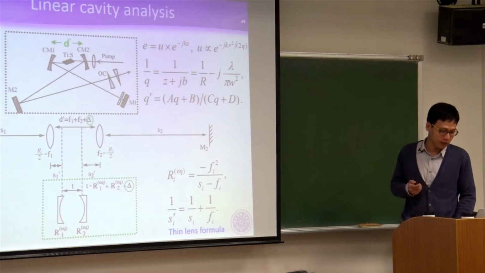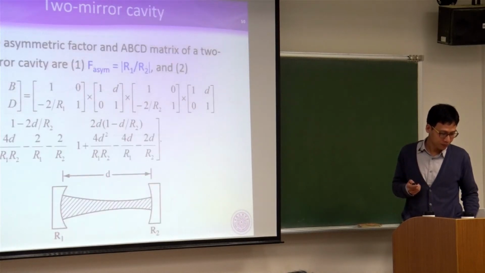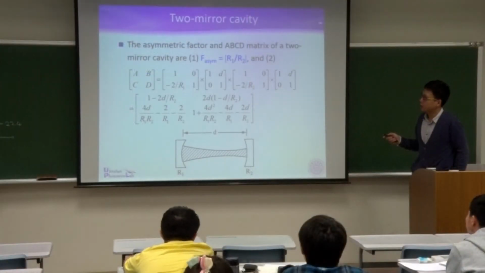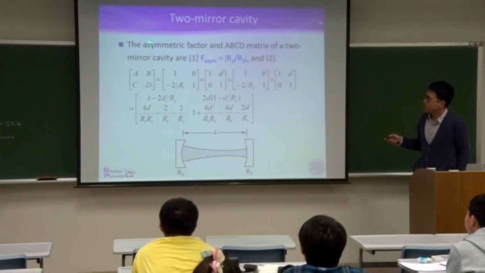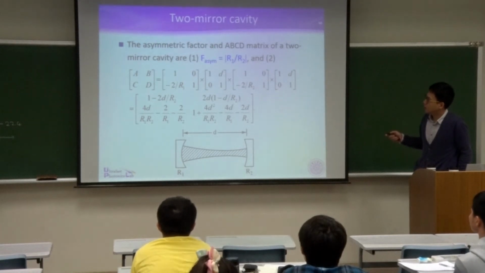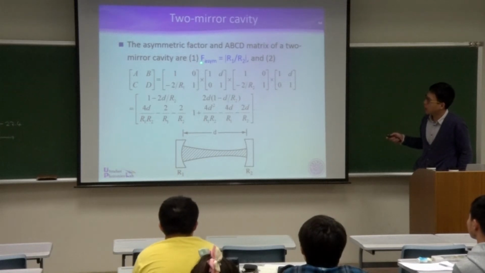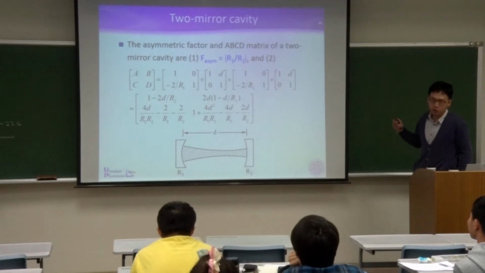That's the equivalent cavity. Then you can borrow the ABCD matrix again. The symmetry factor, this one, and the ABCD matrix of the two-mirror cavity are governed by these two formulas. This will be used in the future.